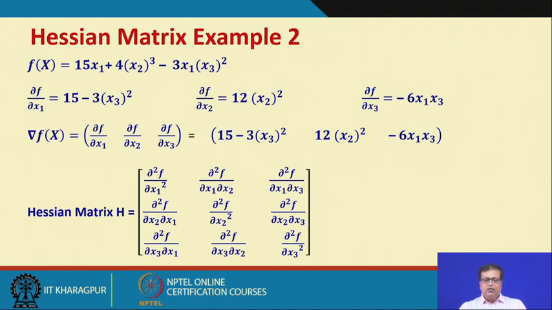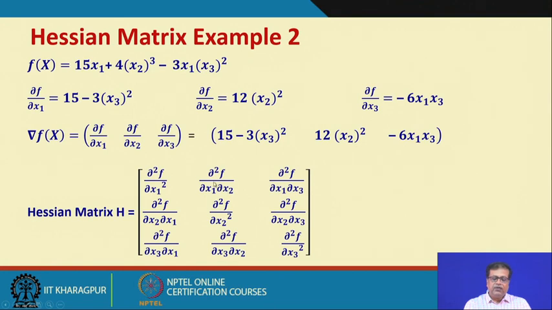When you take the Hessian matrix, the first term is a differentiation of this with respect to x 1. So, what will be that first term? It will be definitely 0. What will be the second term? The second term requires del f del x 2. So, del f del x 2 is 12 x 2 whole square.